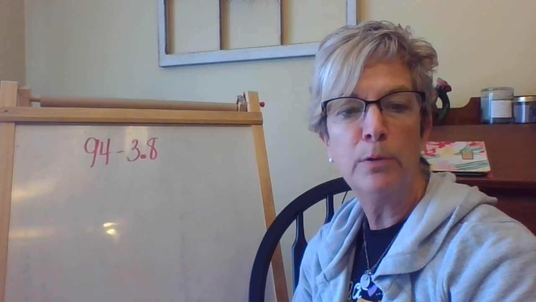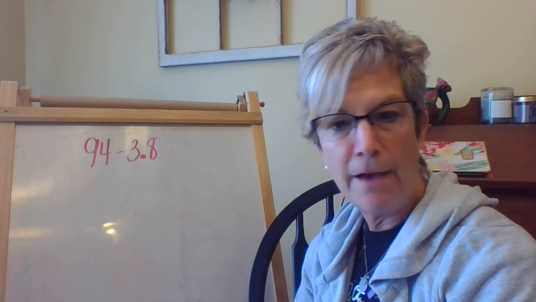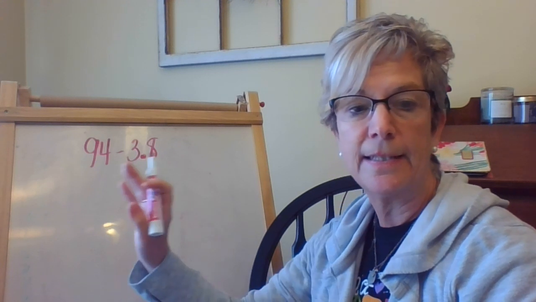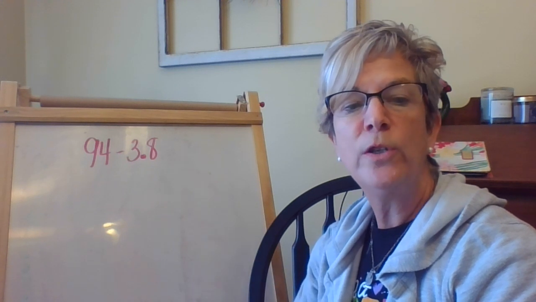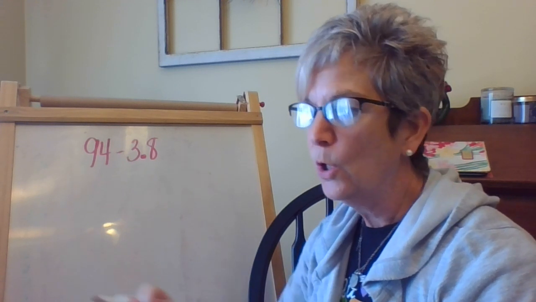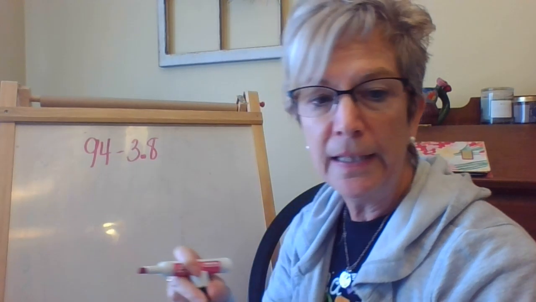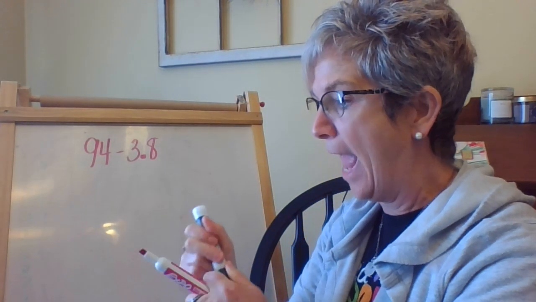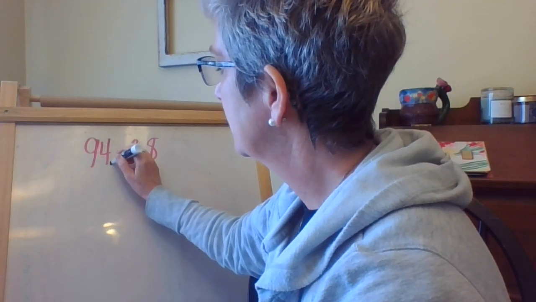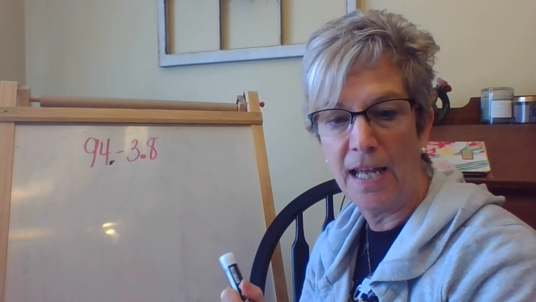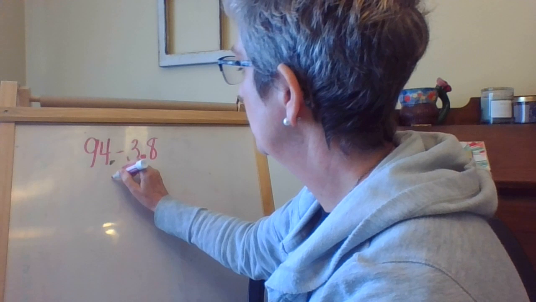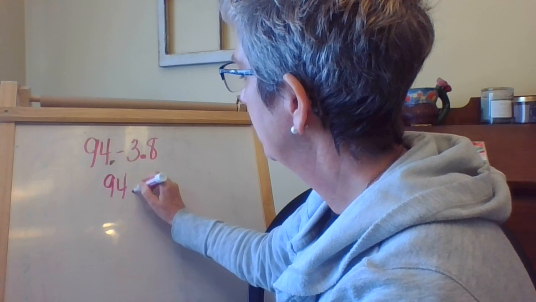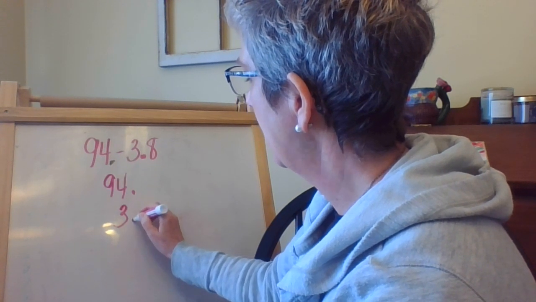Sometimes you'll see a problem or a number that does not have a decimal point on it. Like that says 94 minus 3 and 8 hundredths. When you do not see a decimal, we know that really the decimal would be at the end, because that's really just 94. So it stays 94. So I'm going to line up my decimal, 94 decimal, 3 and 8 tenths.